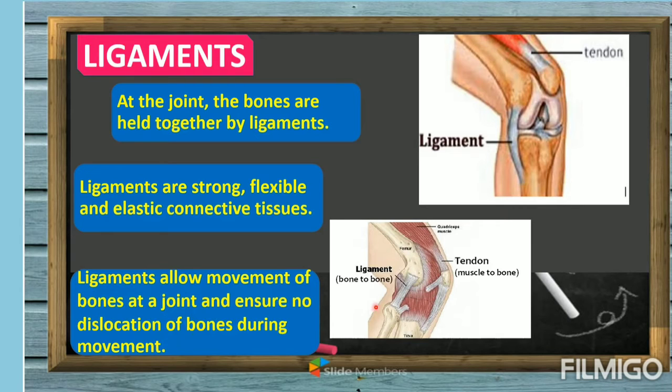So again, if it's bone to bone like this, one bone is attached to another bone by a ligament. The attachment of bone to bone is called ligament, but the attachment of skeletal muscle to bone is called tendon. Muscle to bone is tendon. Bone to bone is ligament.